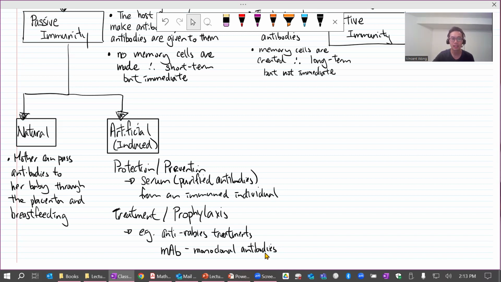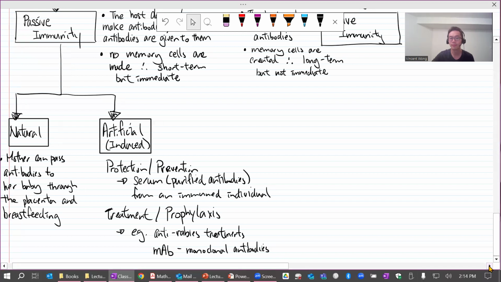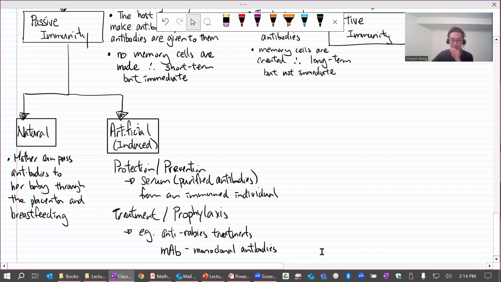So does everybody understand artificial induced passive immunity? Any questions? So this antibody serum doesn't stimulate the bone marrow to produce B cells?